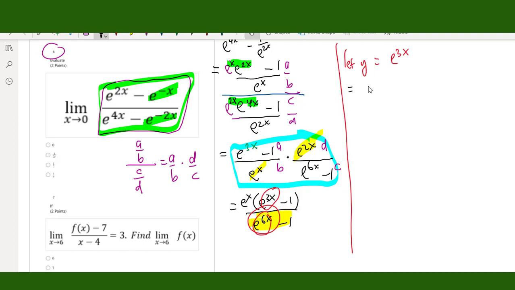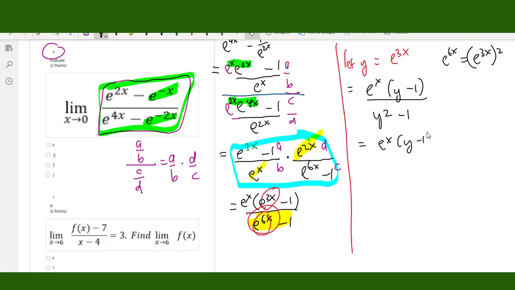So this e power x, actually 1, y minus 1. So e power 6x equal to e power 3x, so y squared minus 1. If I factorize this one, y minus 1, y plus 1. So this one can be cancelled.